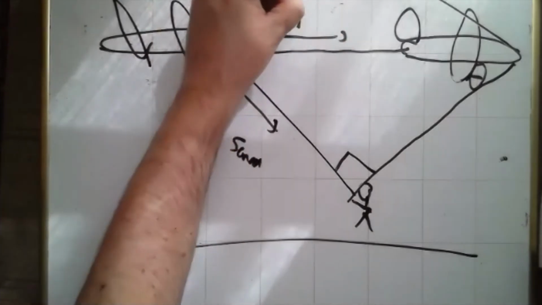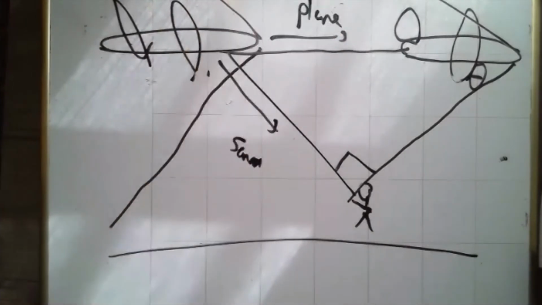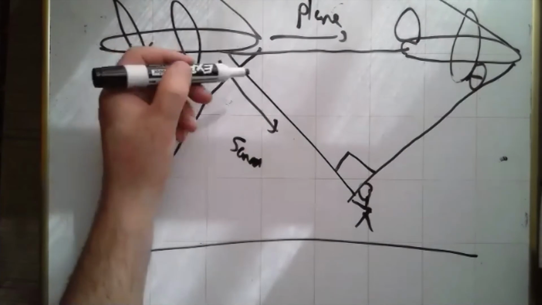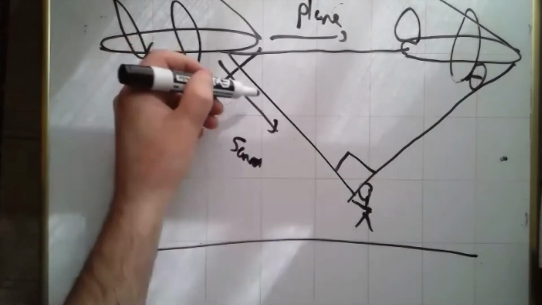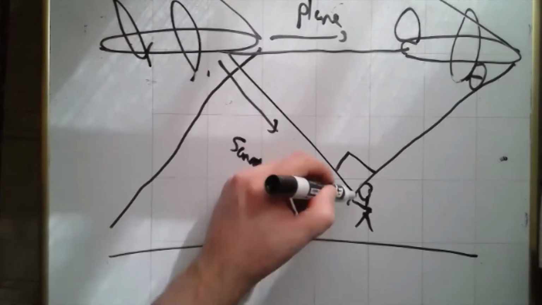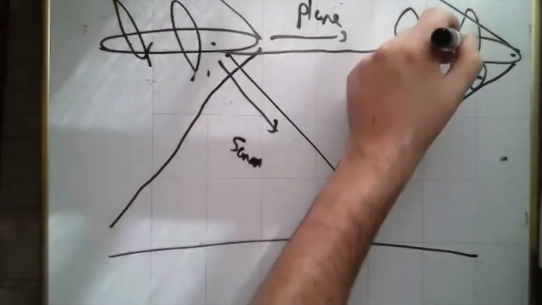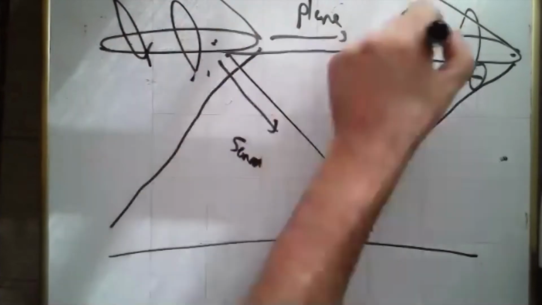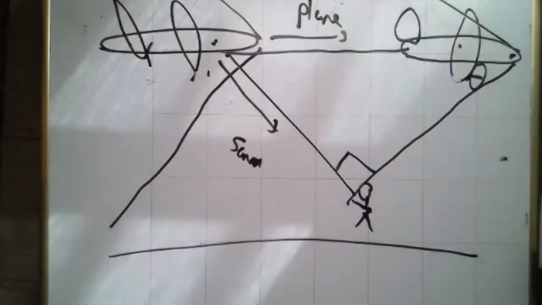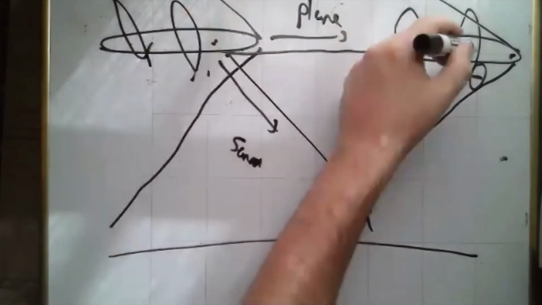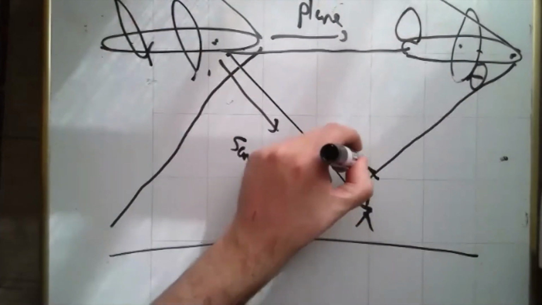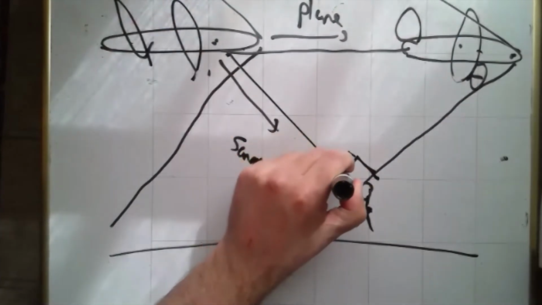Here's the plane moving. The time it takes the sound to get to me is the same as the time it takes the plane to get from here to here. Notice this one's bigger because the plane's moving quicker than its own sound. So it moves further than the sound moves, and this forms a right angle here.